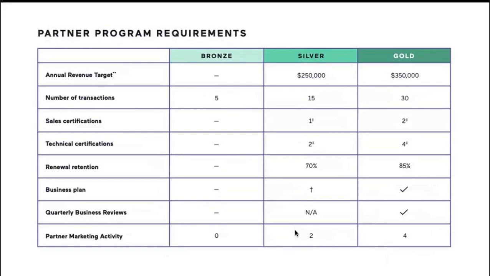We have expectations of our gold partners at around this level. If you think an average order is in the region of $30,000 to $50,000, so about $40,000 on an annual basis, you're looking at about 8 to 10 deals a year, which isn't too much, especially with the addressable market that's possible.